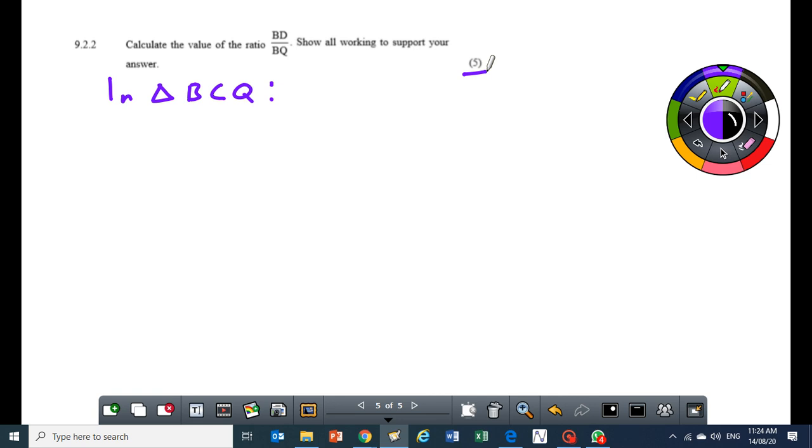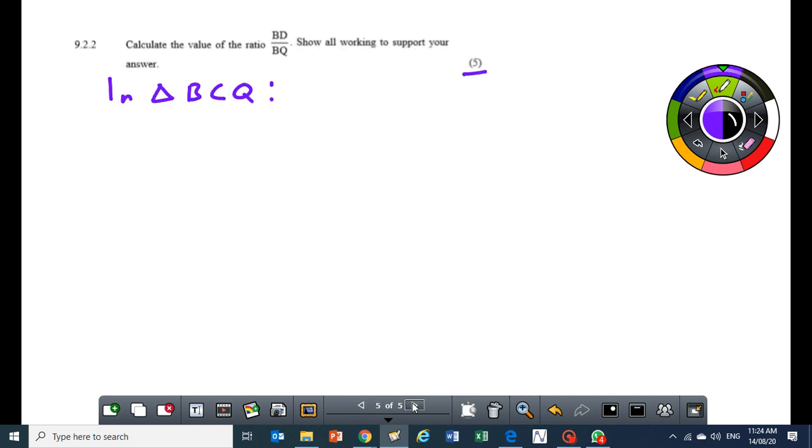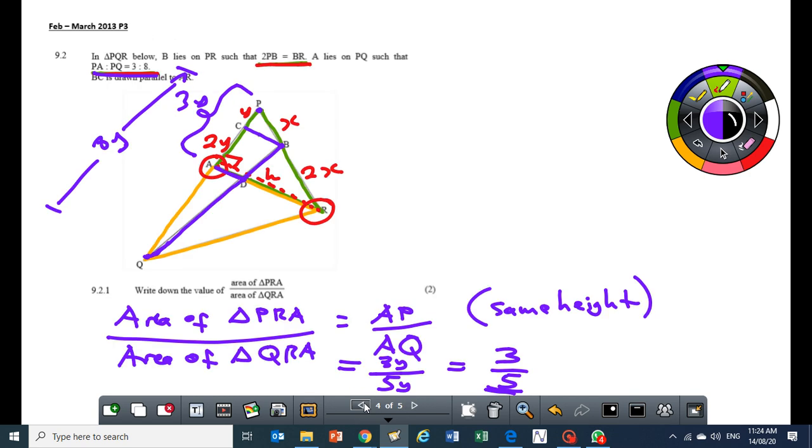So in triangle BCQ, yesterday I spoke about the corollaries. So here we need to use one of the corollaries because it says BD over BQ. So BD over BQ is going to be equal to CA over CQ. Now the good thing is I know the length of CA and I can determine the length of CQ. I can find them.